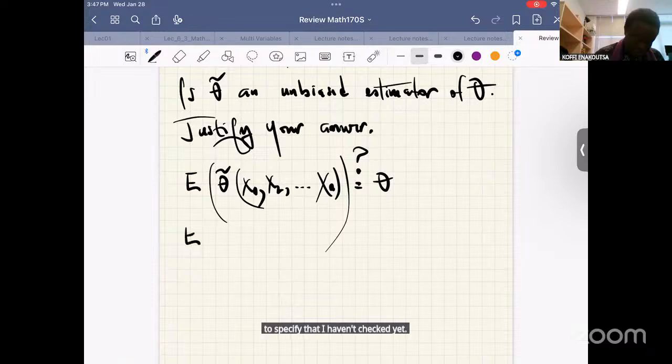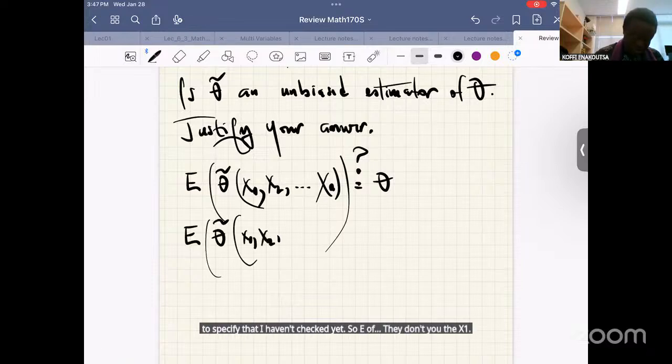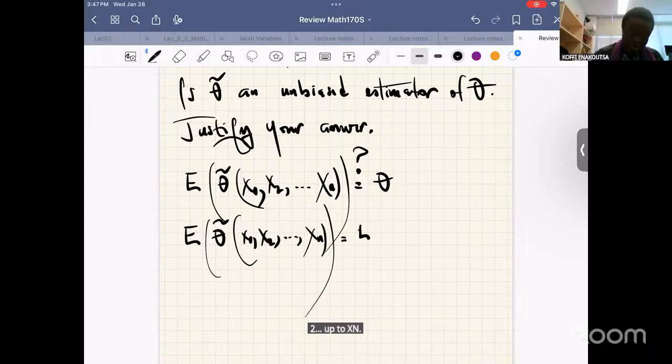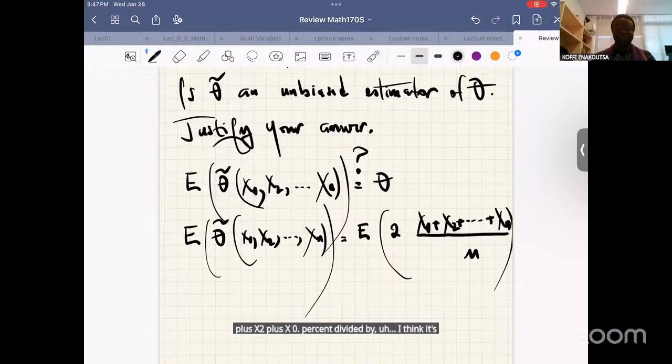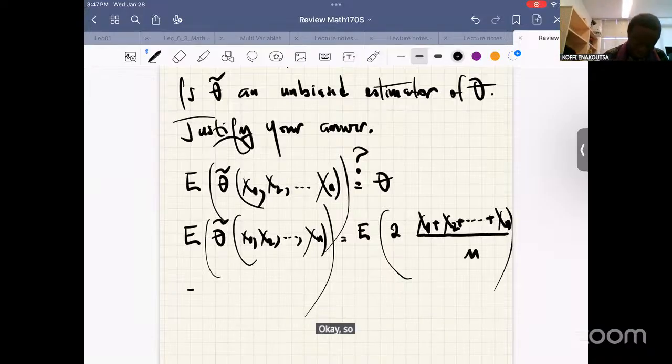So E of theta tilde of x1 up to xn will become E of, well, we said 2 times x bar. So it's 2 times x1 plus x2 plus etc. plus xn divided by n, like this.